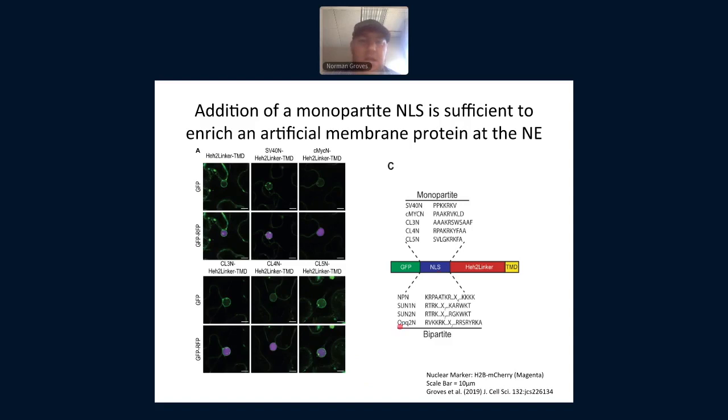Next, we tested if different NLSs had a specialized role for this. First, we tested 5 different classes of monopartite NLS, these having a single basic cluster of amino acids. It's been previously published that there are 5 different classifications of monopartite NLSs. We tested all of them, and they all were sufficient to enrich our chimeric membrane protein at the nuclear envelope.